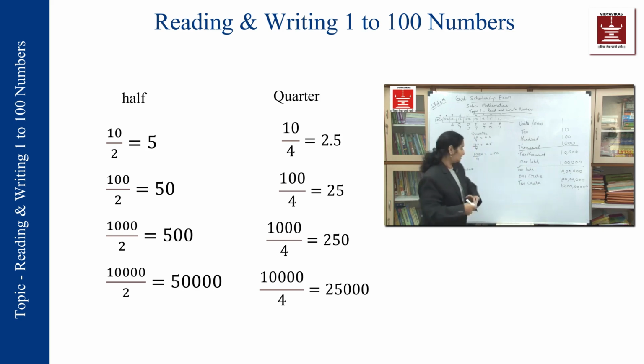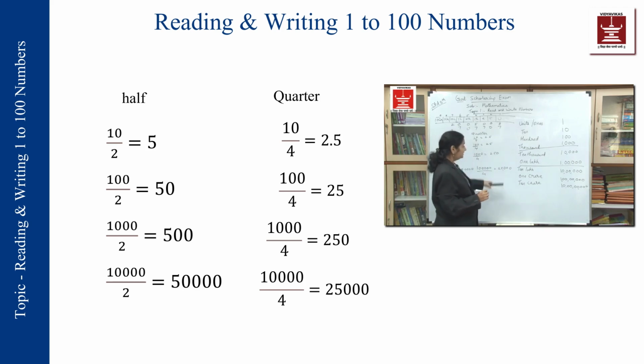If you just make this chart, it will become easy for you to write it down. Divided by 4, 25,000. Okay. Exactly half of this is going to be quarter.